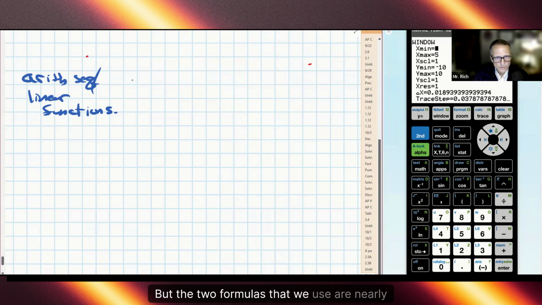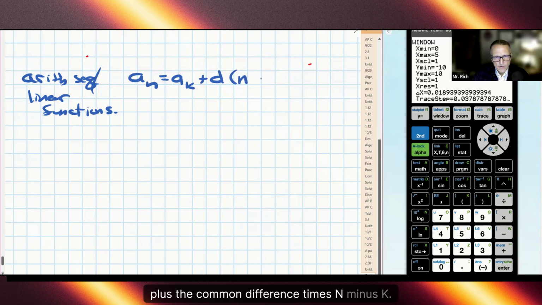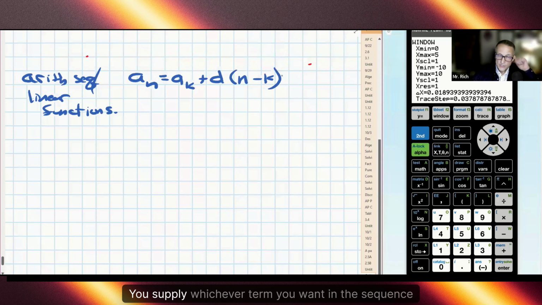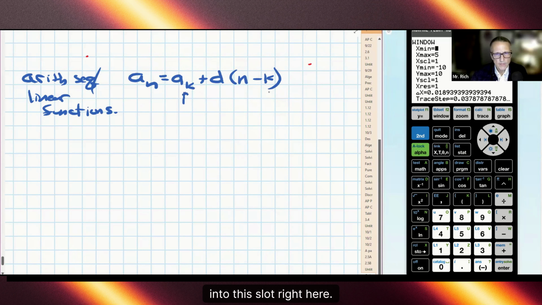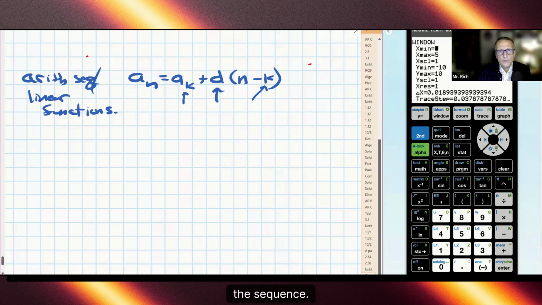The two formulas that represent the sequence and the linear function are nearly identical. The nth term of an arithmetic sequence is a_k plus the common difference times n minus k. You supply whichever term you want into this slot, as long as you put the number of the term in for k right there, and you obviously need the common difference for the sequence.